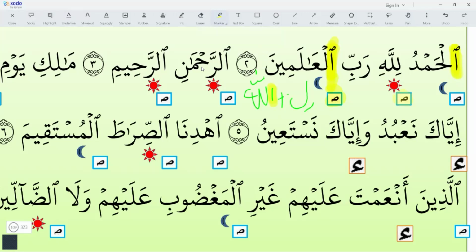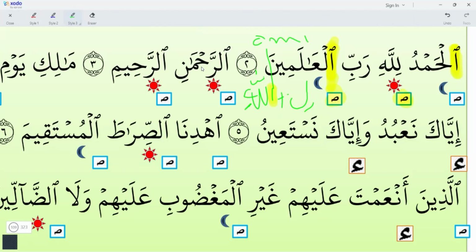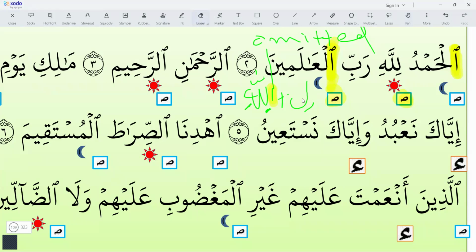So here was Hamzatul Wasal, Li and Allah. So it becomes Lillahi. So this Hamzatul Wasal is omitted. So what we did, we give here kasra. You will learn in the next lesson, inshallah. We give here kasra and we don't write this lam also. So it becomes lillahi.